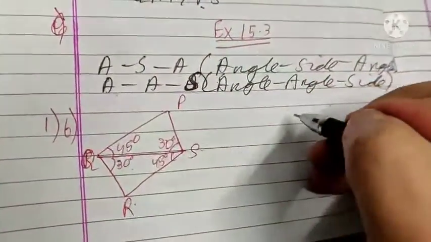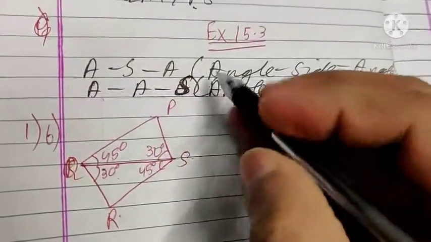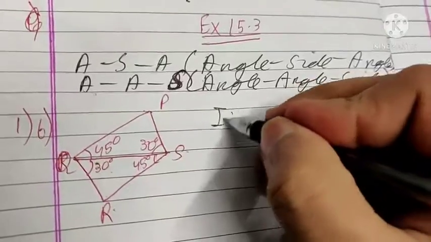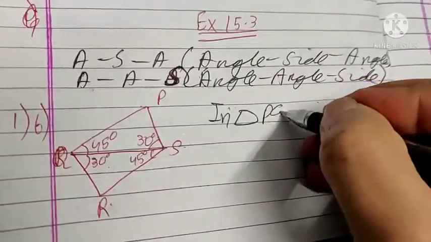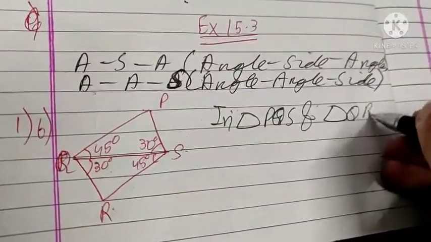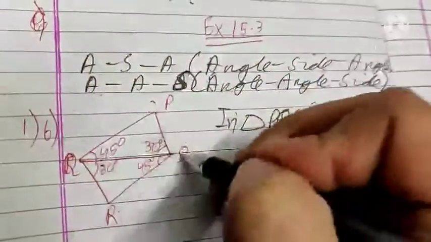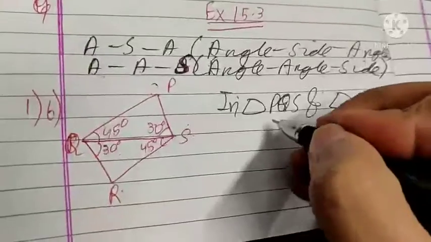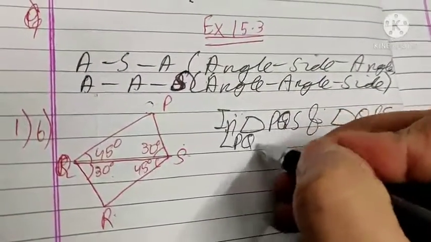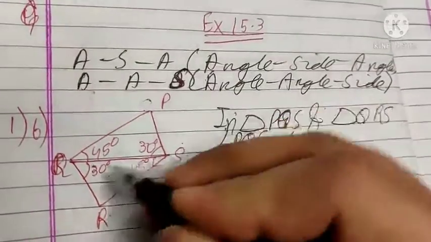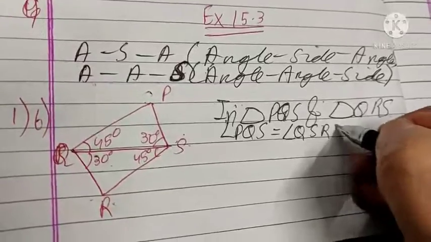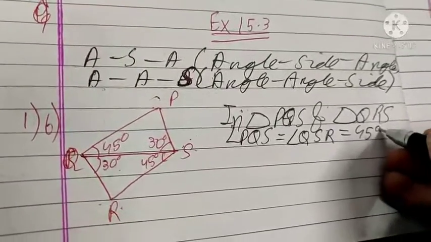So how will you prove it? Here you have to use this criteria. Here in these two triangles, triangle PQS and triangle QRS, if we see this is 45 degree, this is 45 degree, that is angle PQS is equal to angle QSR, both are 45 degree.